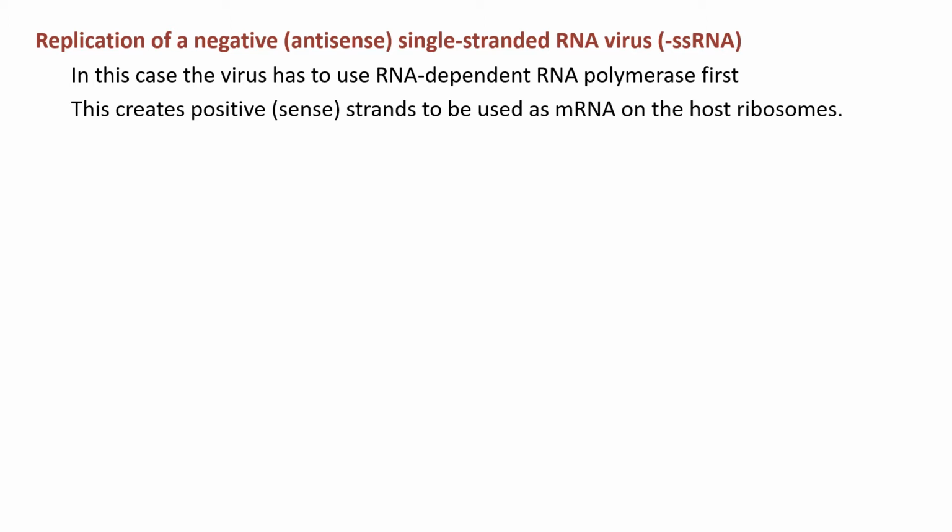Once it's done that, it's at the same point that we had with our positive sense strand RNA virus. It has something that can be used in the host ribosomes as messenger RNA to make those first proteins.